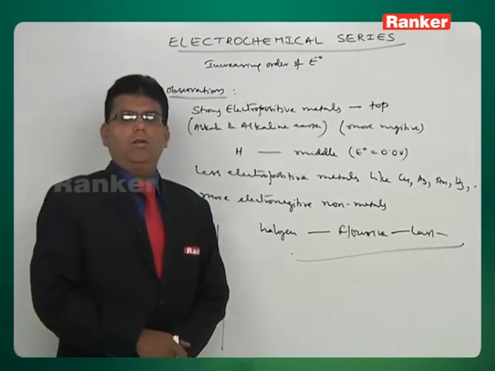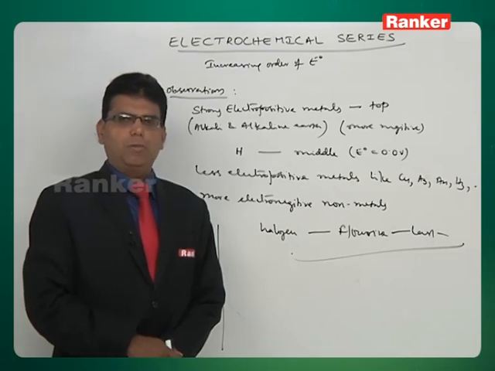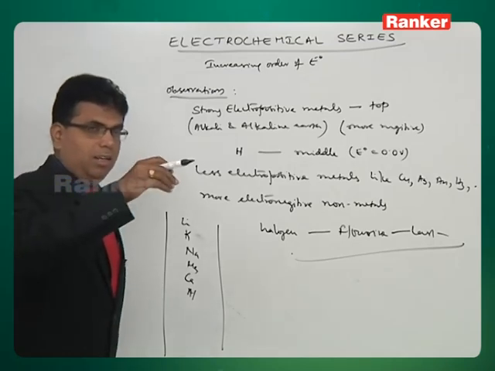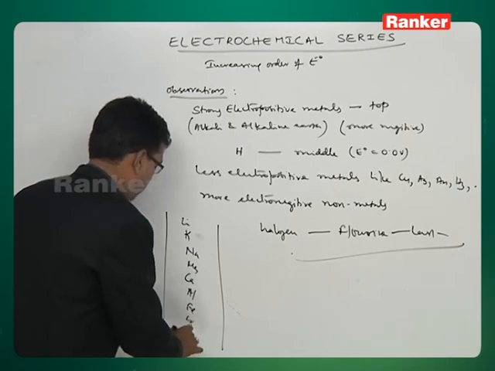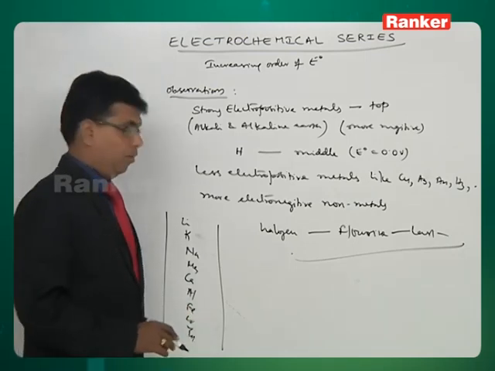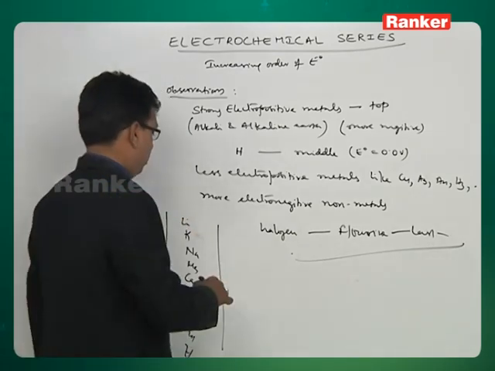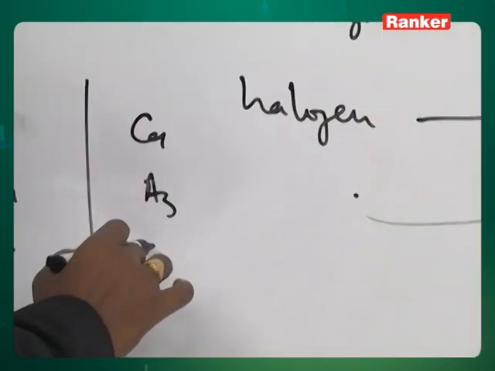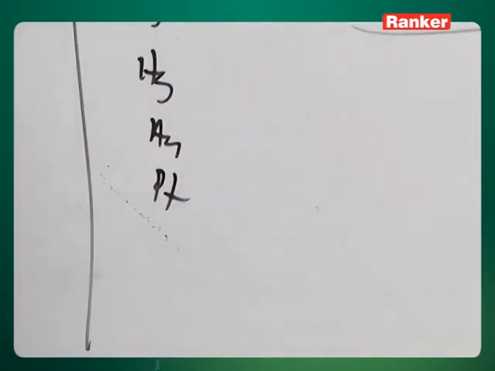So, highly electropositive alkali metals, followed by a few alkaline earth metals, followed by a third group metal like aluminum, followed by more electropositive metals in the d block, that is iron, chromium, zinc, followed by hydrogen in the middle, then copper, silver, mercury, gold, platinum.